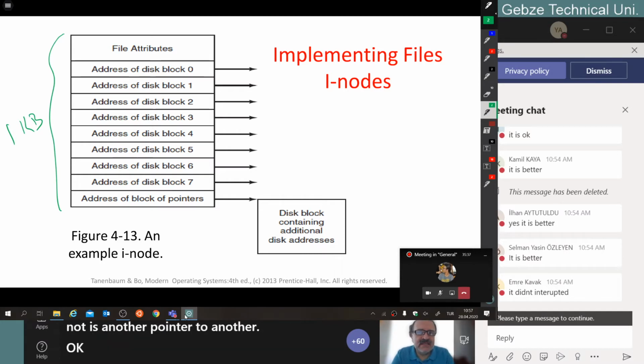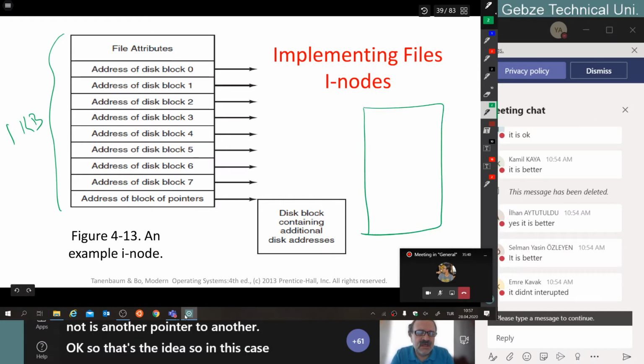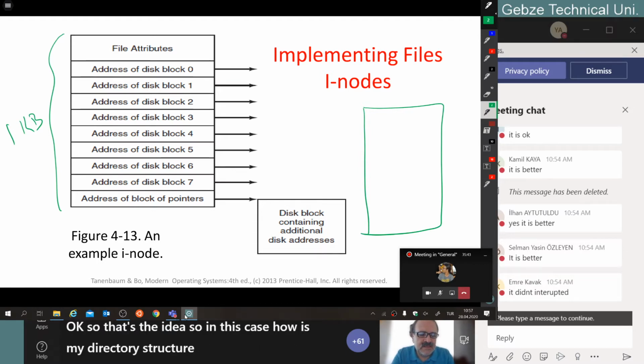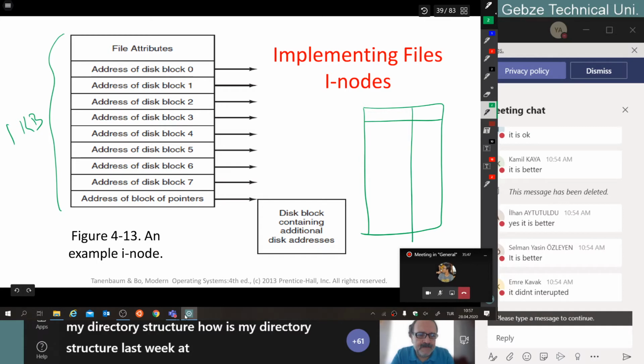So in this case, how is my directory structured? This is file A, and this gives me an inode number.